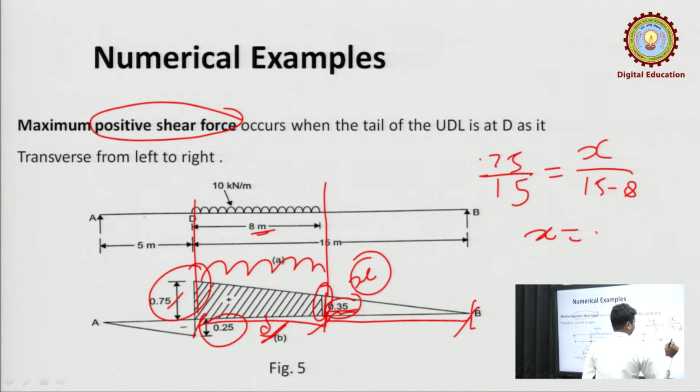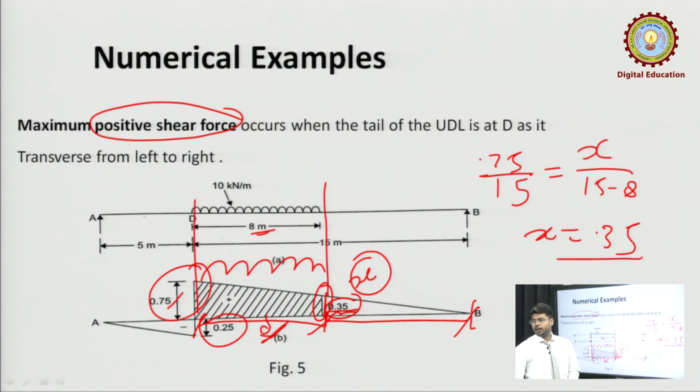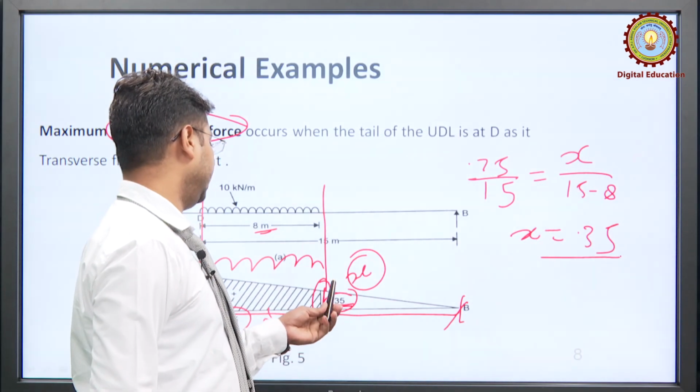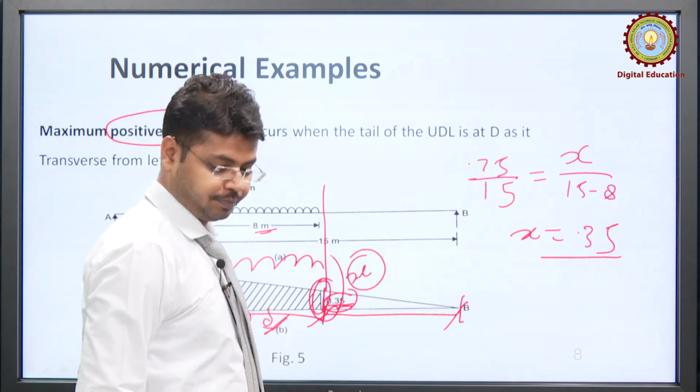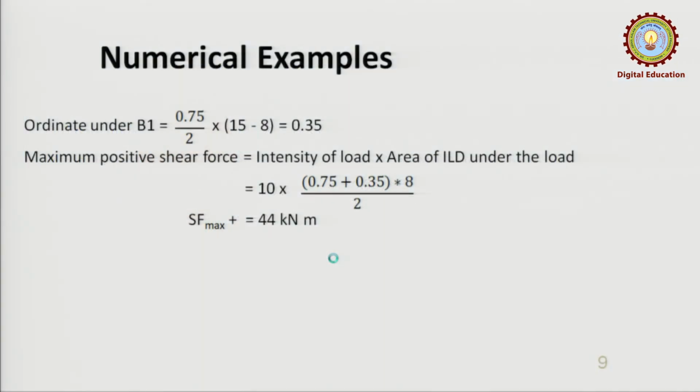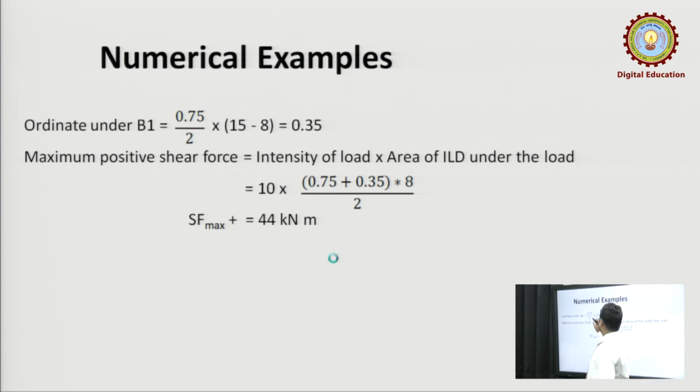After calculation you get the value of this ordinate. This is how you calculate this ordinate on the left side by the triangle law. We already found the ordinate on the right side, and we have to find the positive shear force.